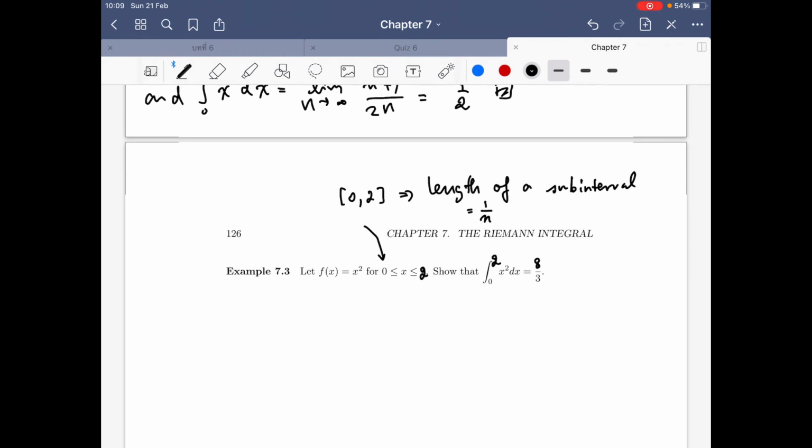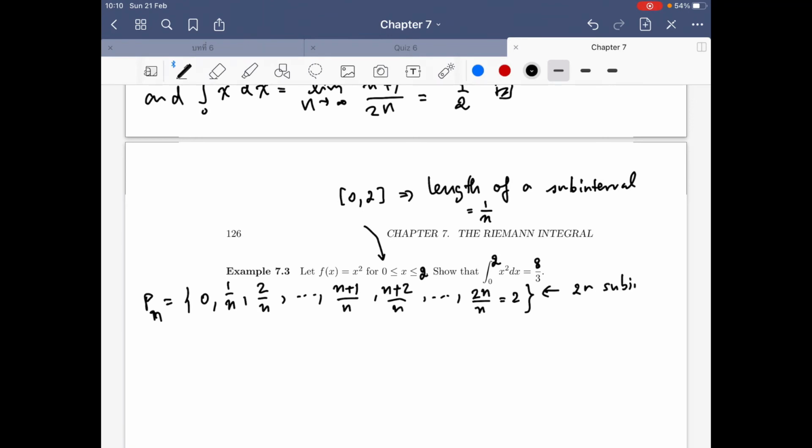Okay, so it means that your partition will start from 0, 1 over n, 2 over n, the same thing. Okay, n plus 1 over n, n plus 2 over n, and then up to n plus n, so becomes 2n over n, which equals the right end of this interval, which is 2. Okay, so now you have 2n subintervals, right? Subintervals.